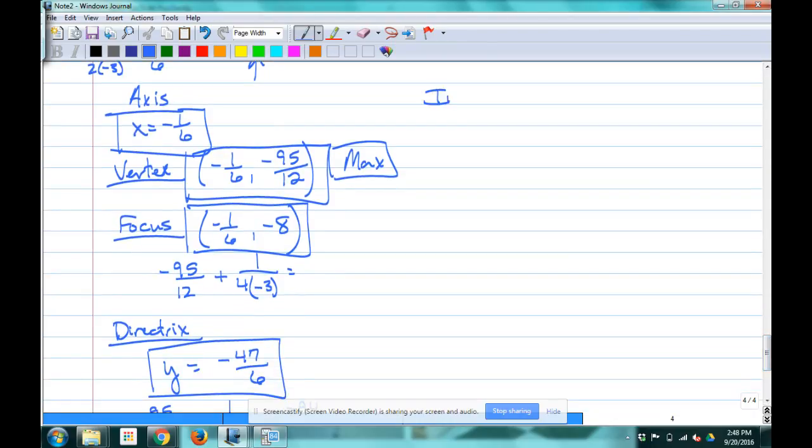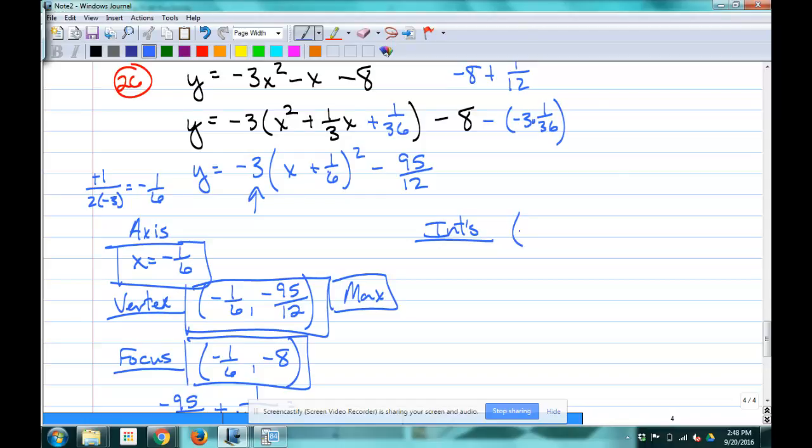Intercepts. Y-intercept would be at 0, negative 8. Get that from the standard form. It's C, always going to be that way. X-intercepts. You could try to factor it, or it's in standard form, so I'm going to look at the discriminant. That'd be negative 1 squared minus 4 times negative 3 times negative 8.